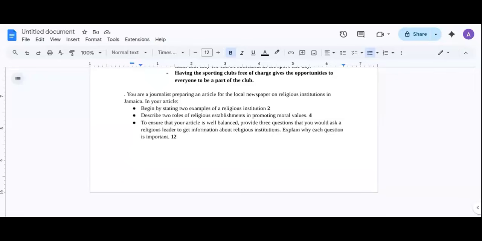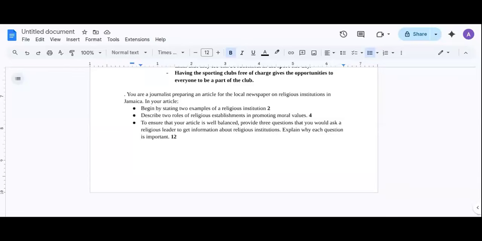Sure. To make sure the article is balanced, it is important to ask religious leaders some questions. One question could be, how does your institution help young people learn good values? This is important because it shows how religion affects young people. Another question could be, what challenges do you face when trying to guide people today?